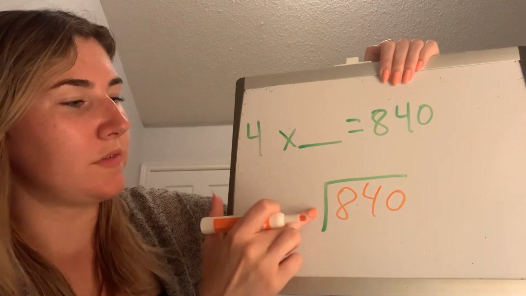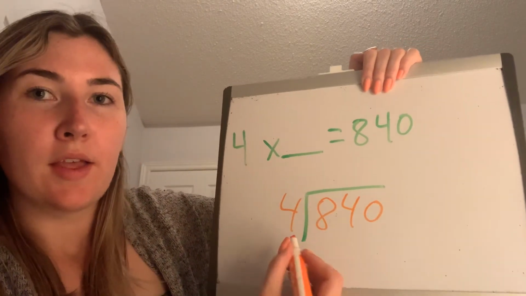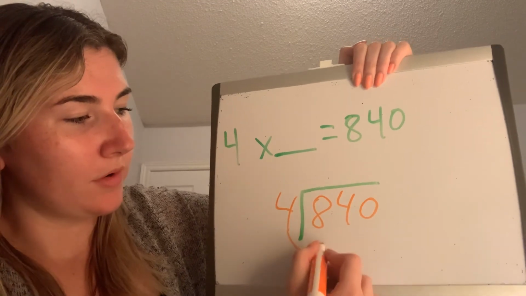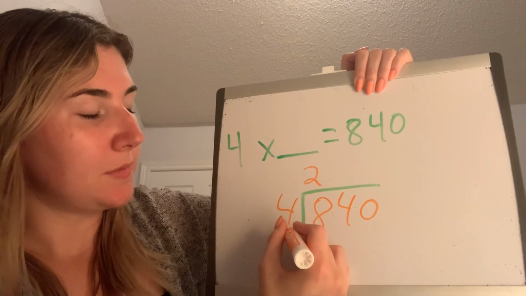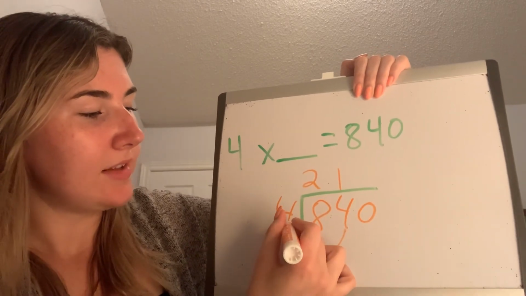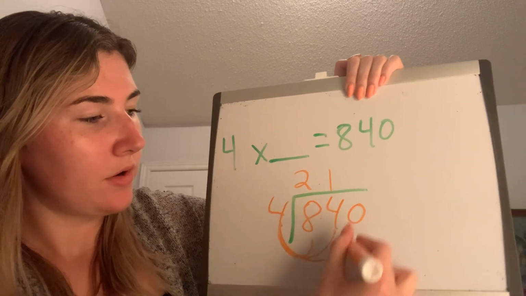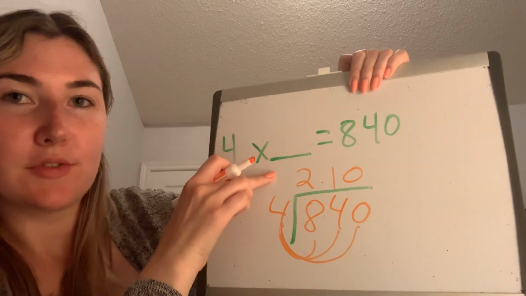And then the number we're dividing by is 4. So let's see how many times can 4 go into 8. That's 2 times. How many times can 4 go into 4? 1. And lastly, how many times can 4 go into 0, which is 0. So our answer is 210.